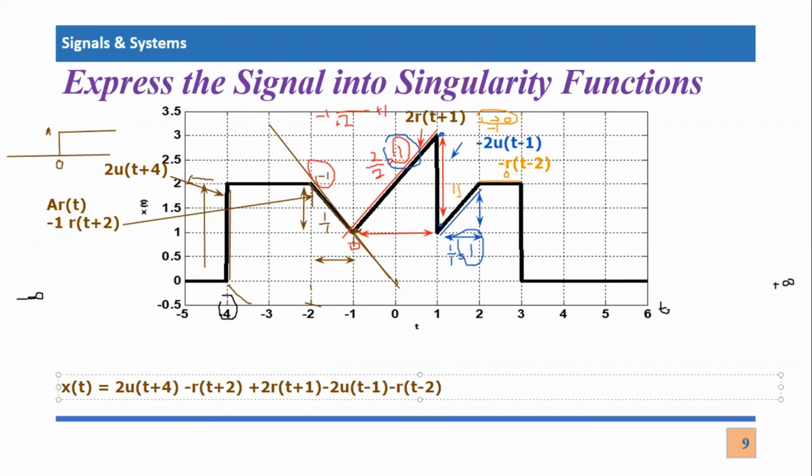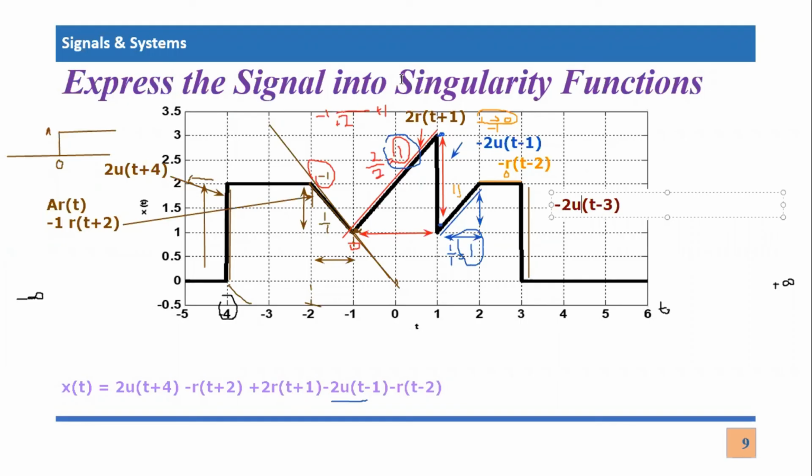And then what is the next behavior? If you notice here, the next behavior, let me use a different color again, is this one. Again, it is a decrease in amplitude, and a decrease or increase in amplitude is always generated by a step signal. So basically, this is going to be a unit step signal, right? But that u of t is not simply u of t. It is at the point t equals 3, so it will be delayed by 3 units. And this decrease in amplitude is around 2, so that will be -2, right?